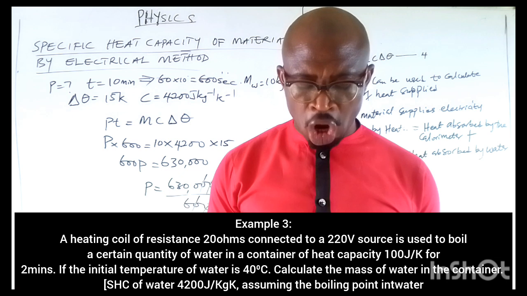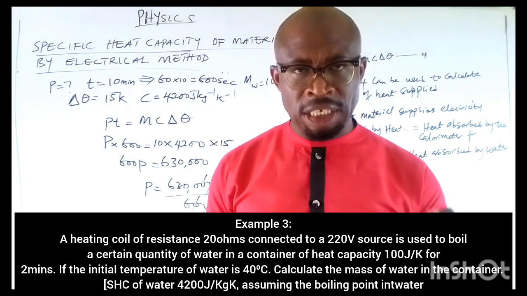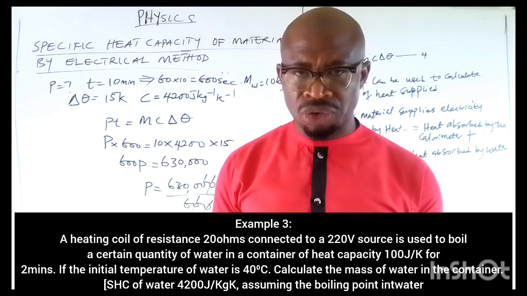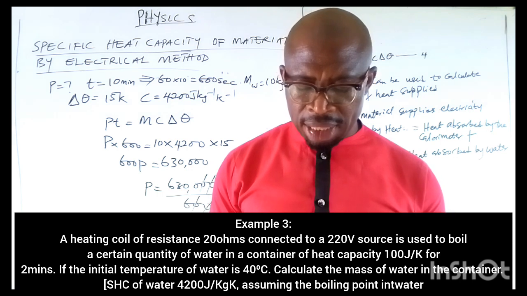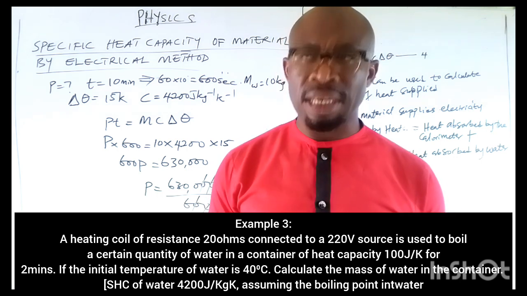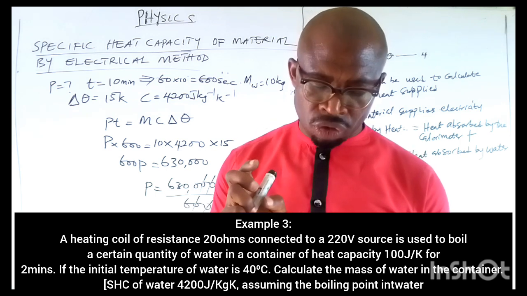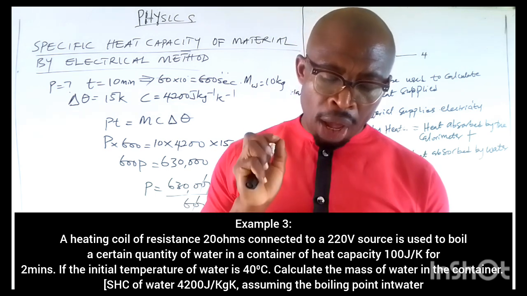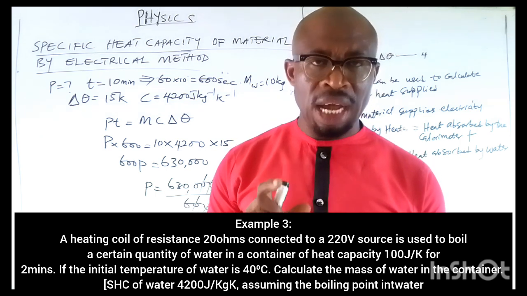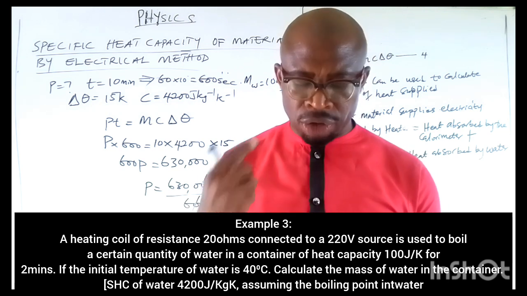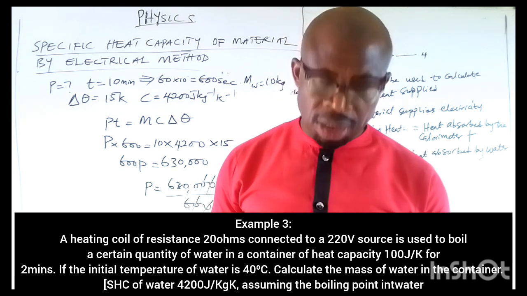If the initial temperature of water is 40 degrees Celsius, calculate the mass of water in the container. Here we have two things given to us. They said the specific heat capacity of water is 4,200 joules per kg per Kelvin.